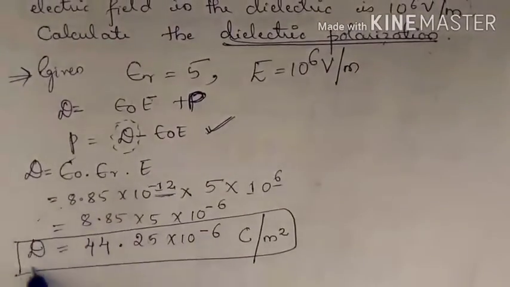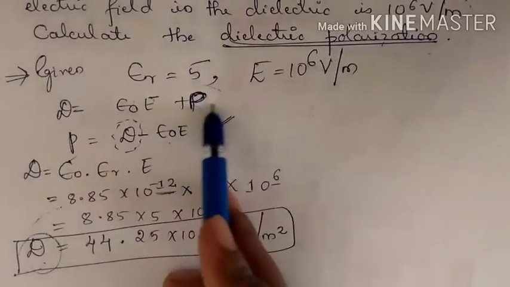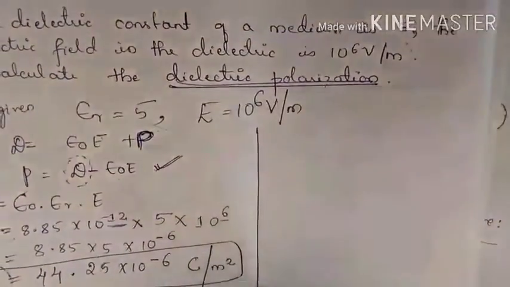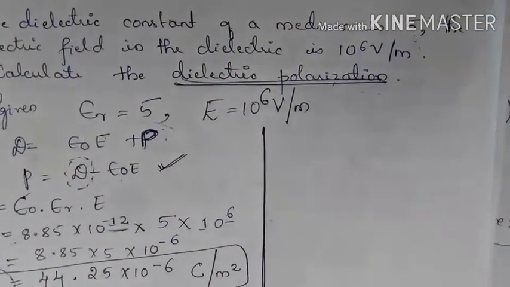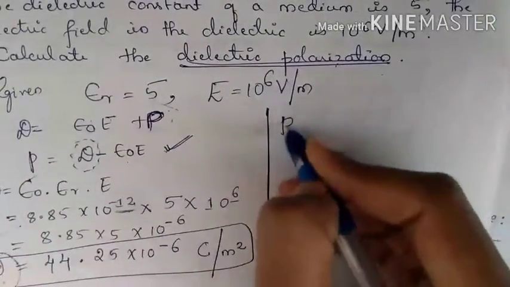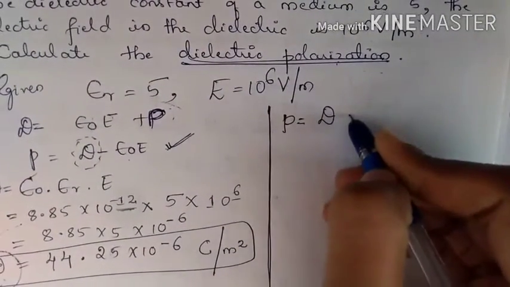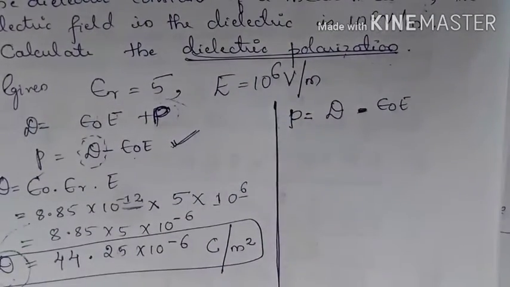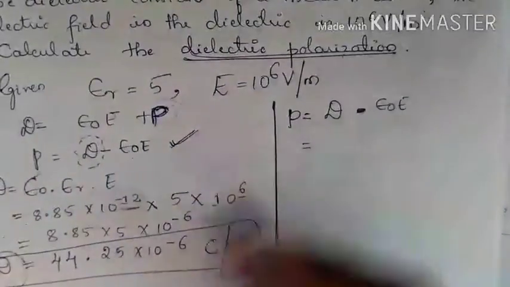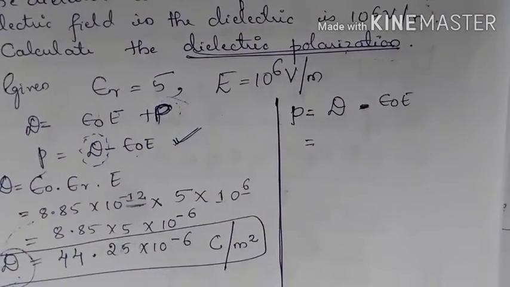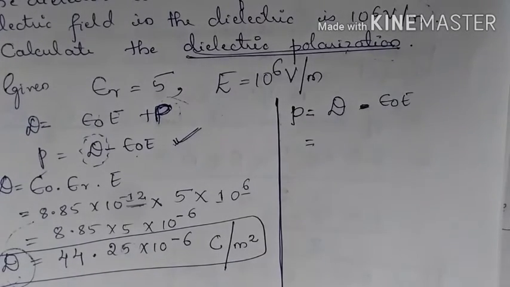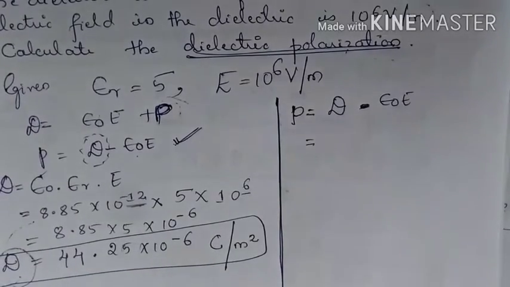With the help of this D, we have to find P. P can be written as D minus epsilon naught E. We have found the value of D as 44.25 into 10 power minus 6 coulomb per meter square, and we know the value of epsilon naught E. How do we know it?